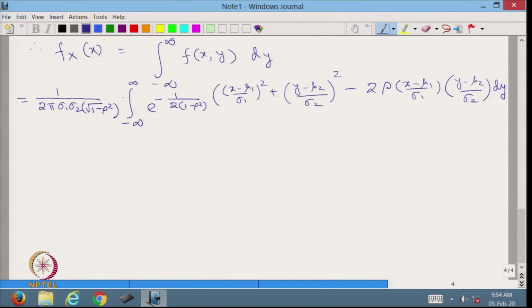So, this is a very long expression, but we can simplify it. How to do that? Let us just consider this part.